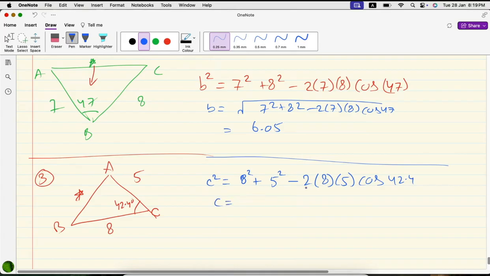Just quickly do with me. So if there is any typing error, we would get it. Cos of 42.4. I'm getting 5.47.